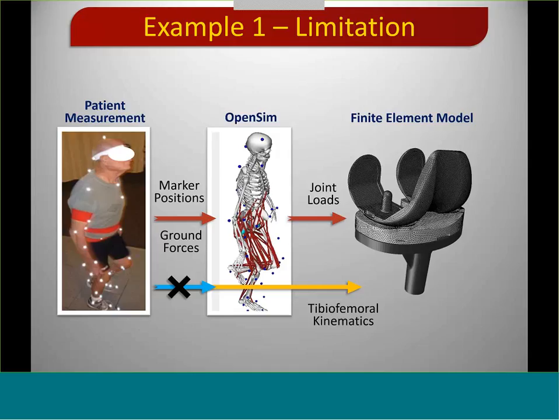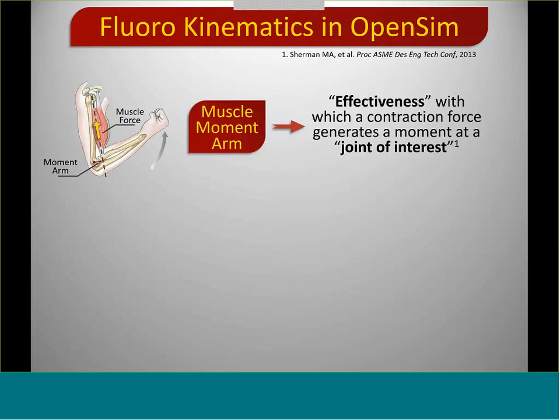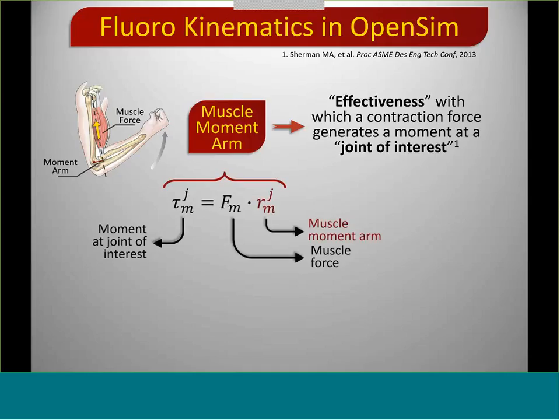So first of all, I have to define what a muscle moment arm is. A muscle moment arm is defined as the effectiveness with which a contraction force generates a moment at a joint of interest. In a more mathematical form, we can see that the moment arm R maps the force of a specific muscle into the joint torque tau that the muscle force can generate.